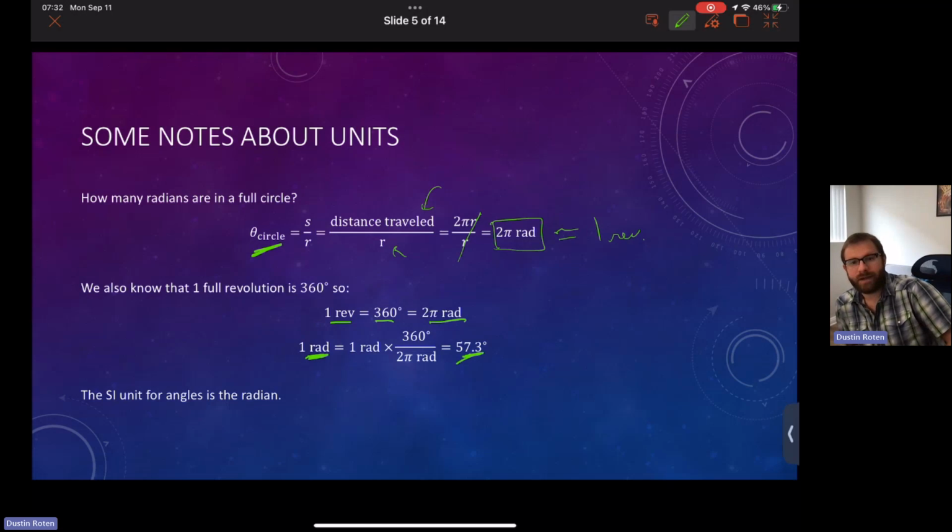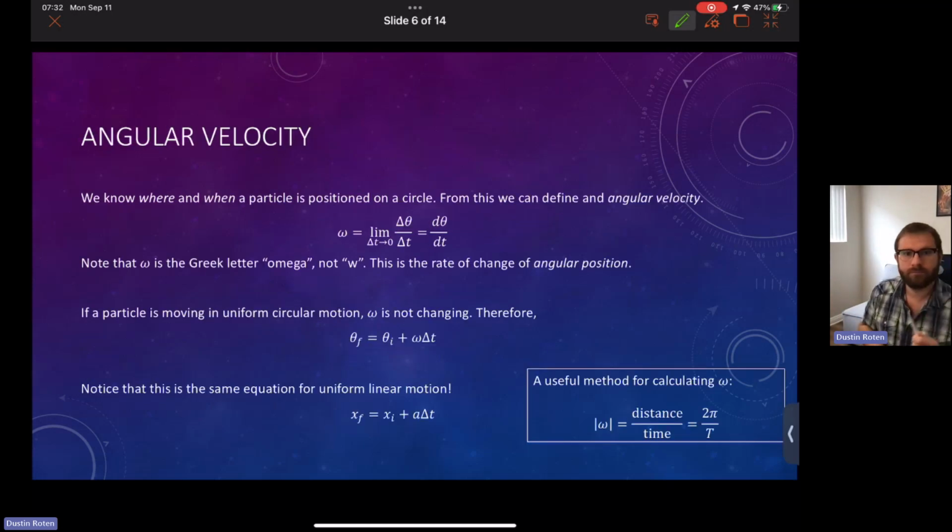So we have degrees, revolutions, and radians. There are a lot of things to measure an angle with here, but just remember that the SI unit for angle is the radian. So if a problem set problem says to report this in SI units, just remember it will be the radian.